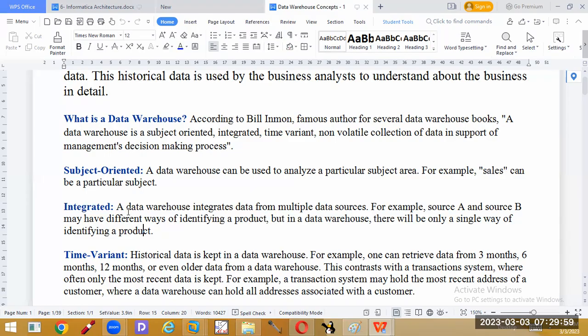All the data should be integrated, then you can relate it so that you can go to a lower grain. Suppose we want to see one particular product's sales, then you can go to a lower grain. That's why he says all data should be integrated.